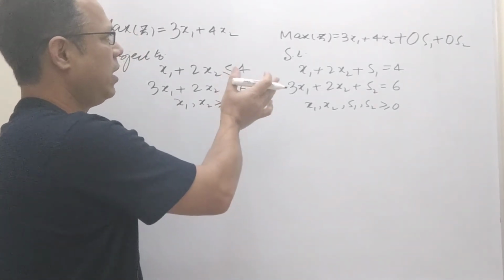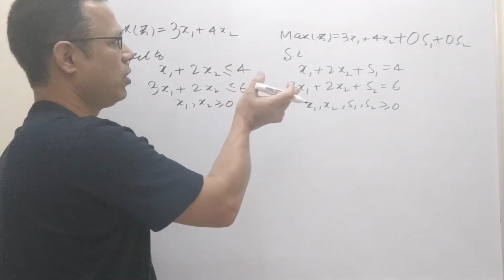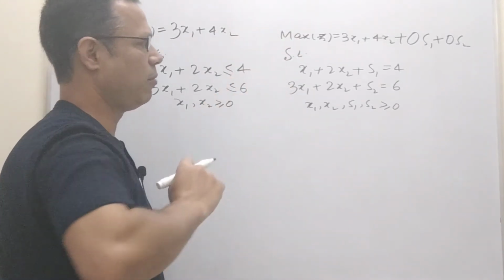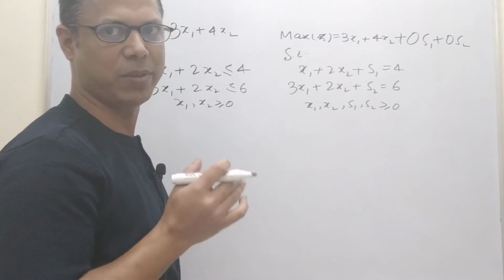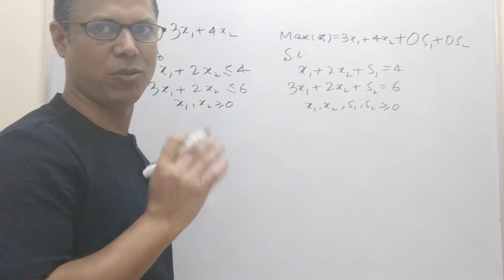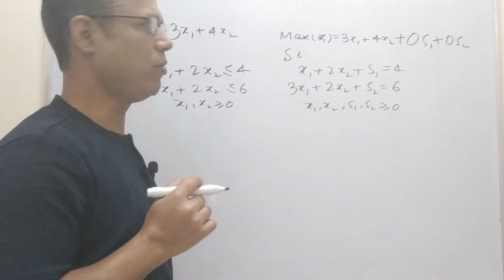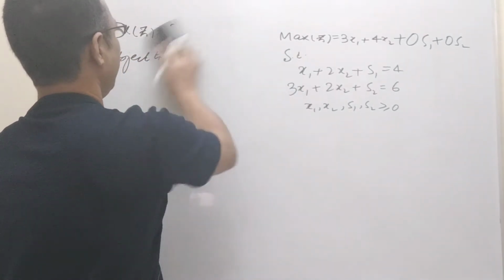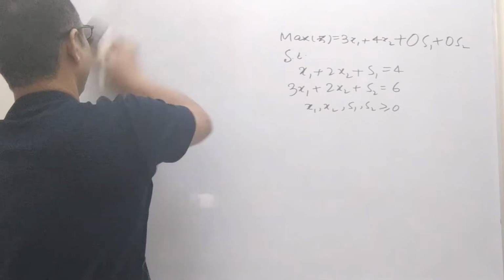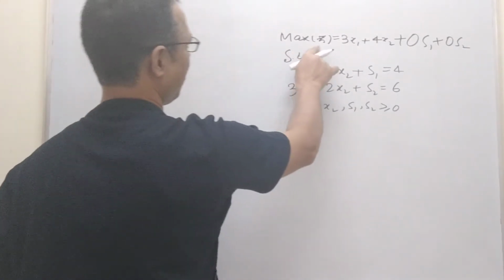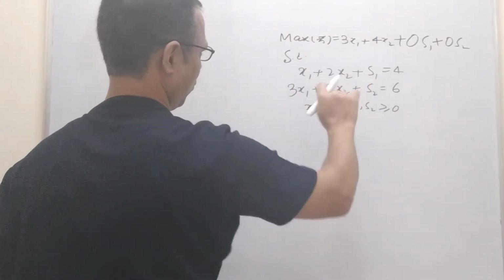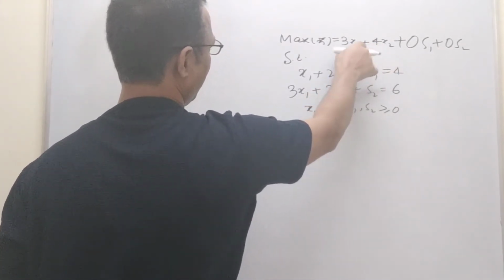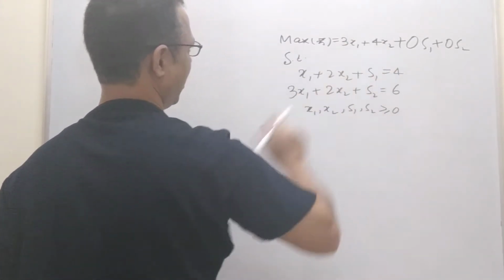I already have taken these questions in some different videos, and if you solve them by applying the algebraic form of simplex method, you will find the solutions are the same. There is no variation in the solution. Whatever method you apply, the final answer should not change. The final answer comes from the objective function 3x1 plus 4x2. Once we get the x1 and x2 values, we just need to put them here and we'll get the final solution.